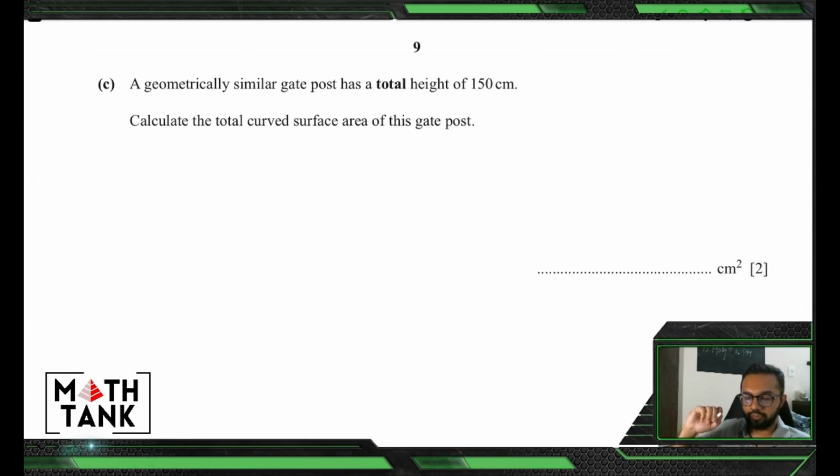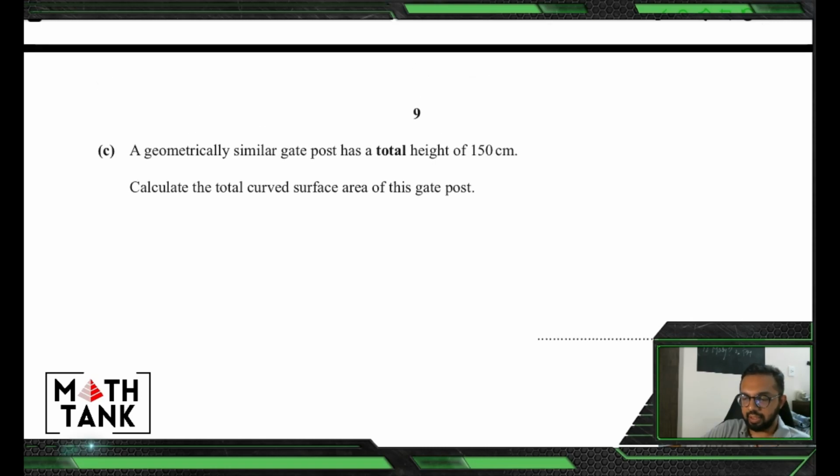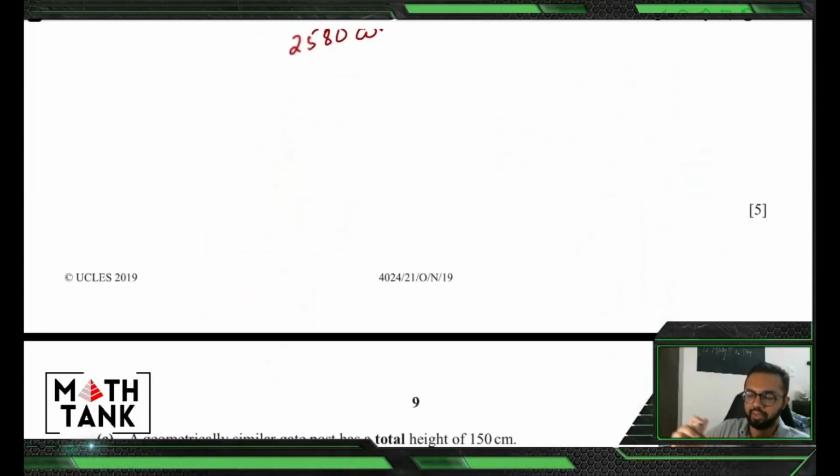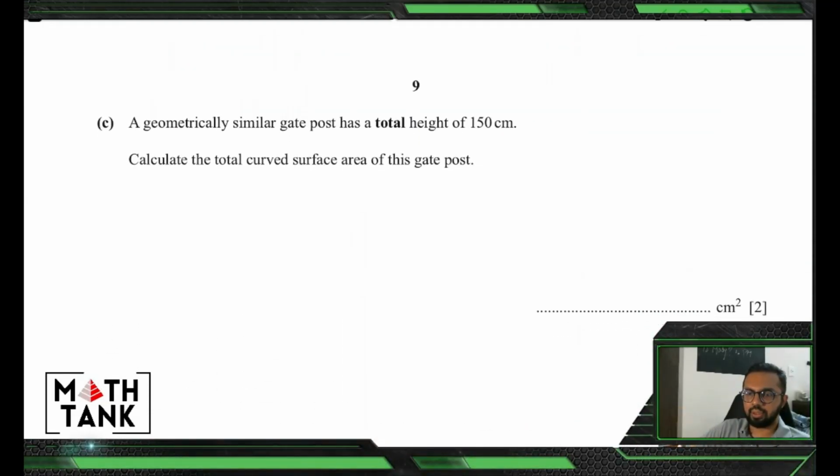Moving on, then says a geometrically similar gate post has a total height of 150. Calculate the total curved surface area of this gate post. Now, if it has a total height of 150, the total height here was 110, if I am correct. Yes, 110. Okay, so how do you convert the ratio of lengths to a ratio of areas?